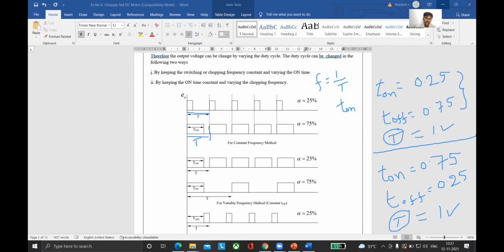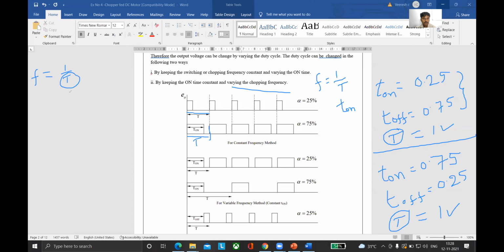And the variable frequency method. In the variable frequency method, f is equal to 1 by T. Here we are going to vary the total time period. So whenever the total time period changes, the frequency also changes. Clear?